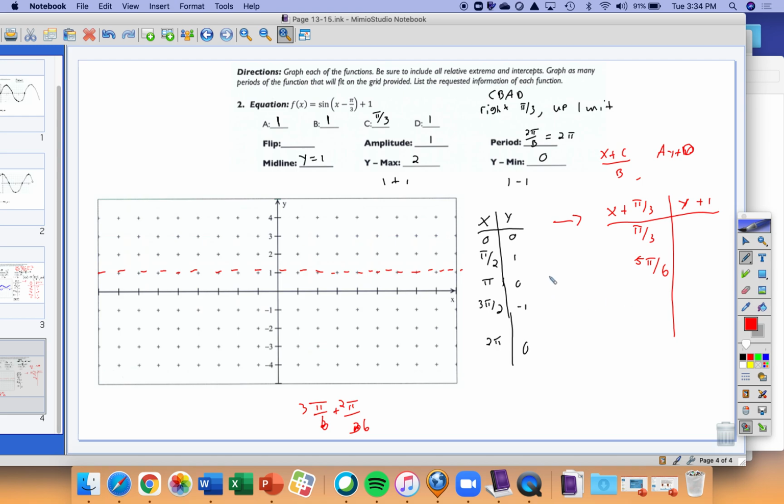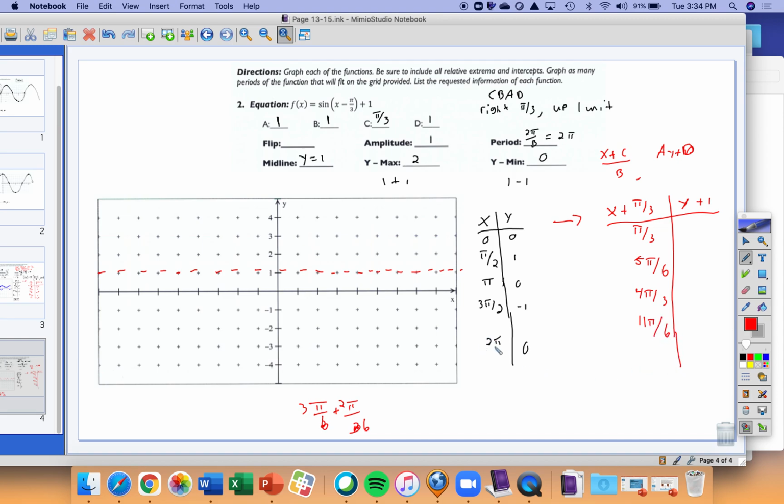Adding these is a little tricky. Pi plus pi over 3 becomes 4 pi over 3. 3 pi over 2 plus pi over 3 becomes, let's think about this, 9 pi over 6 plus 2 pi over 6, so 11 pi over 6.